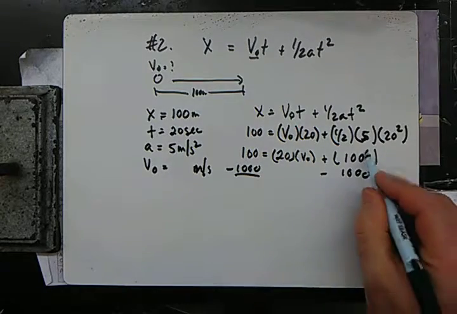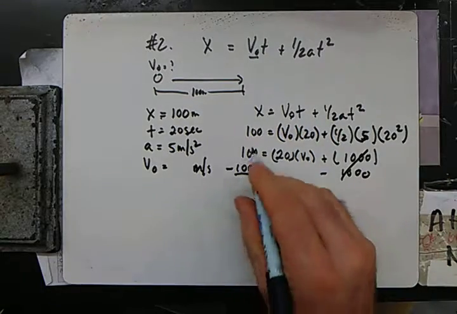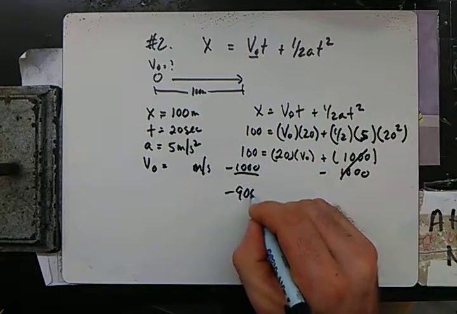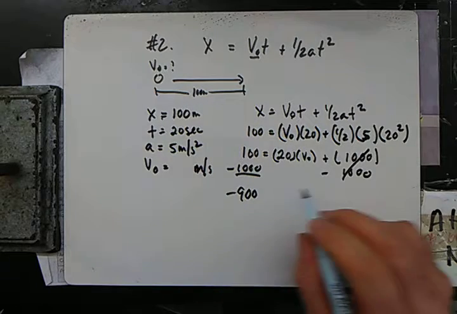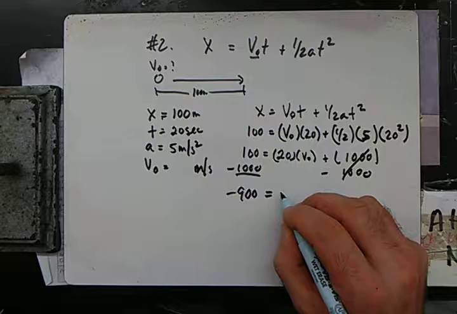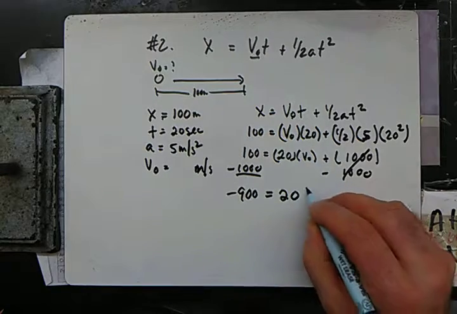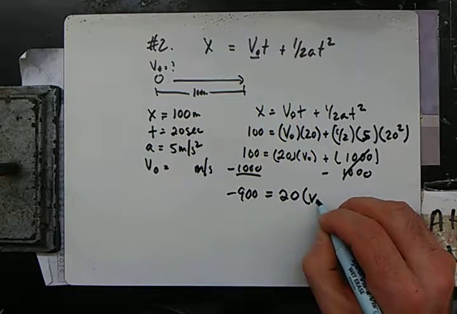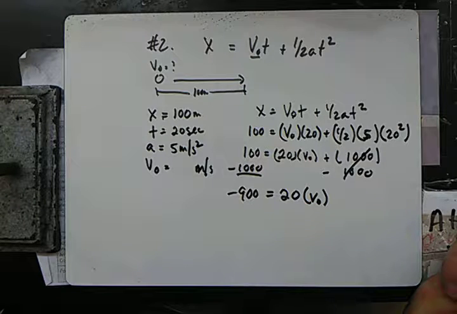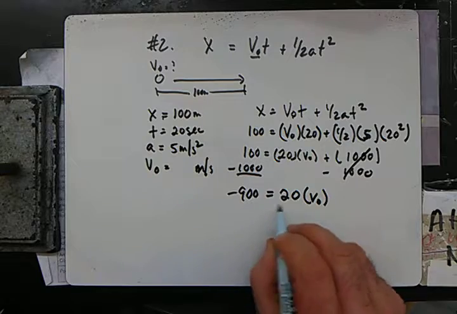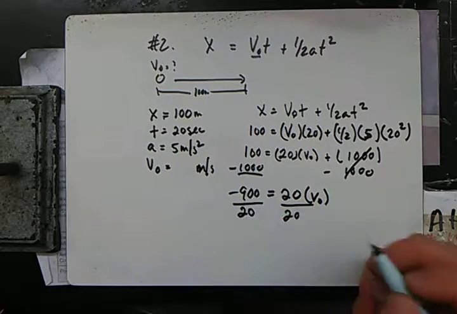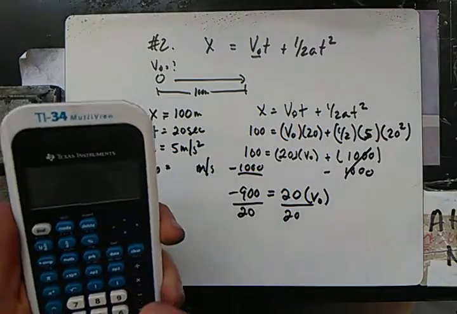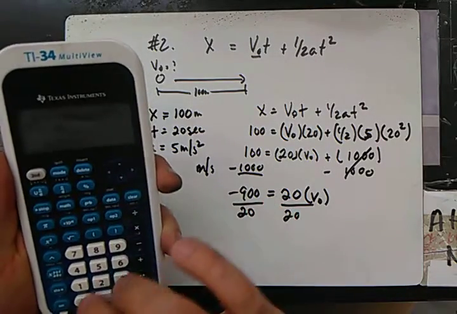Makes it disappear on that side, but what I got on this side is negative 900 equals 20 v naught. Okay, so divide through by 20. 900 over 20 is 45.